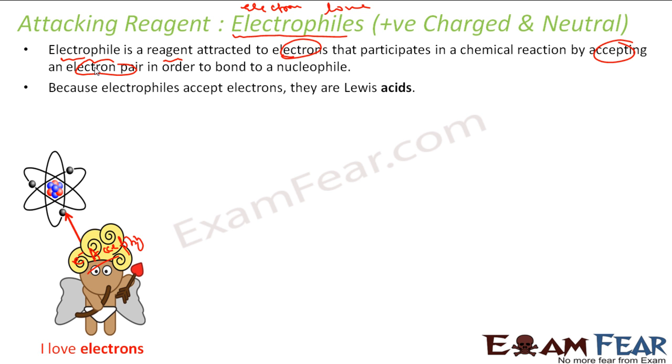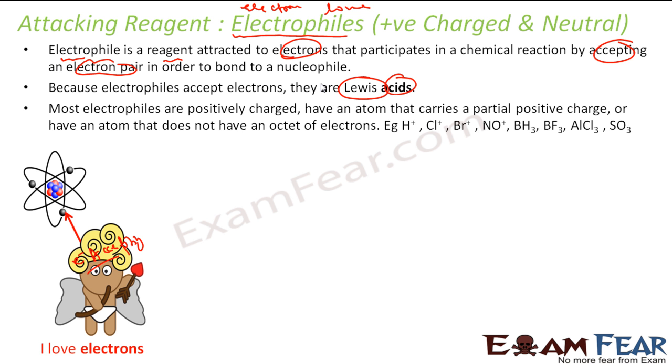Since they accept an electron pair, they are called Lewis acids. Most electrophiles are positively charged, but some have partial positive charge or can be neutral. The neutral ones should have an incomplete octet, for example BH3 and BF3. In BH3, boron has 6 electrons and needs 2 more to be complete, so this is an electron deficient compound.